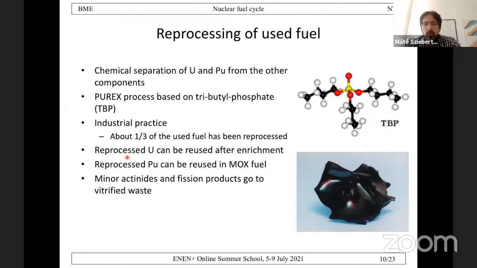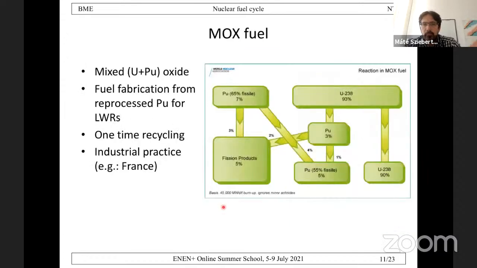And the reprocessed uranium, you may re-enrich and use again in the same way. And you can also use the reprocessed plutonium in the so-called MOX fuel. But the rest will go to the waste, usually in some kind of vitrified form. So let's see, what is the MOX fuel?